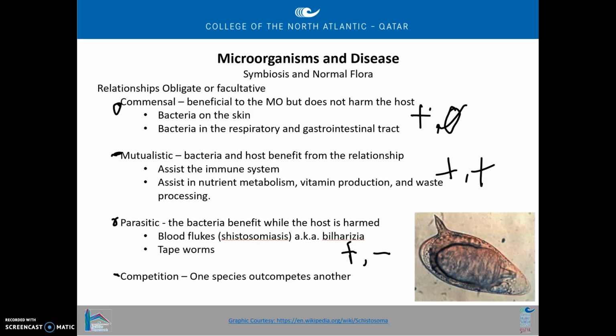If we look at parasitic, we think of what we talked about in lab: Giardia, Cryptosporidium, tapeworms, blood flukes, which, fluke is another word for worm. So these things are all going to get advantages in food and a place to live from us, but they're going to cause us harm by either taking nutrients from us or directly feeding off us, damaging our tissue, and so forth. So that's a parasitic relationship.